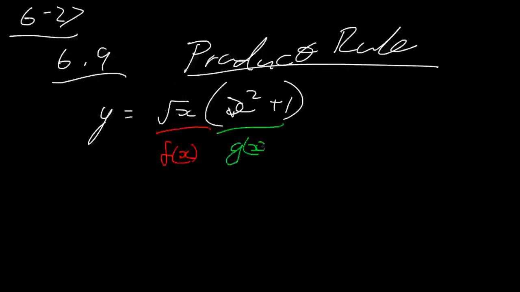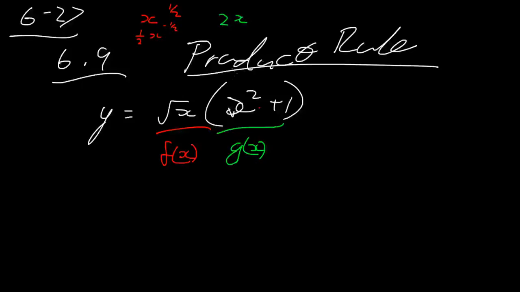I could very easily differentiate f of x because it is x to the 1 over 2, and I can just differentiate that. It becomes 1/2 x to the minus a half. And if I wanted to differentiate g of x, I would get very easily 2x, and that would be it.